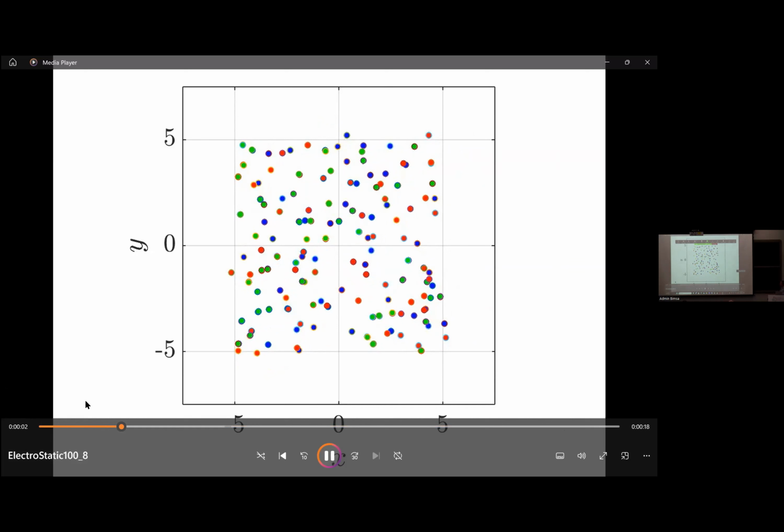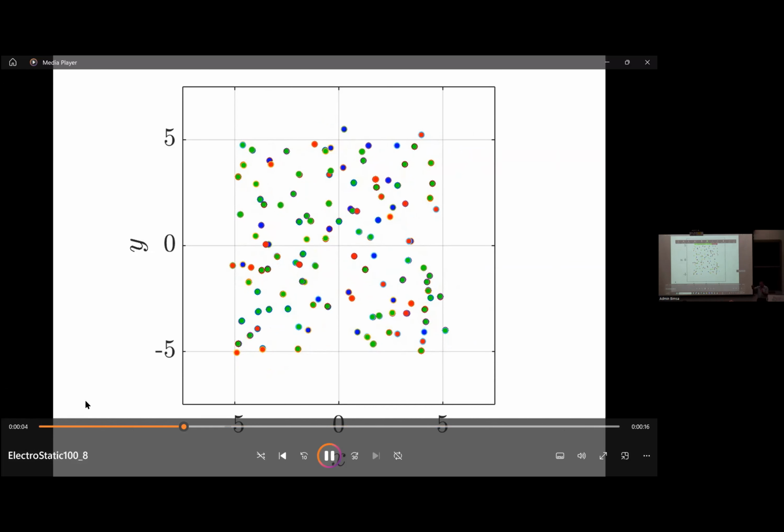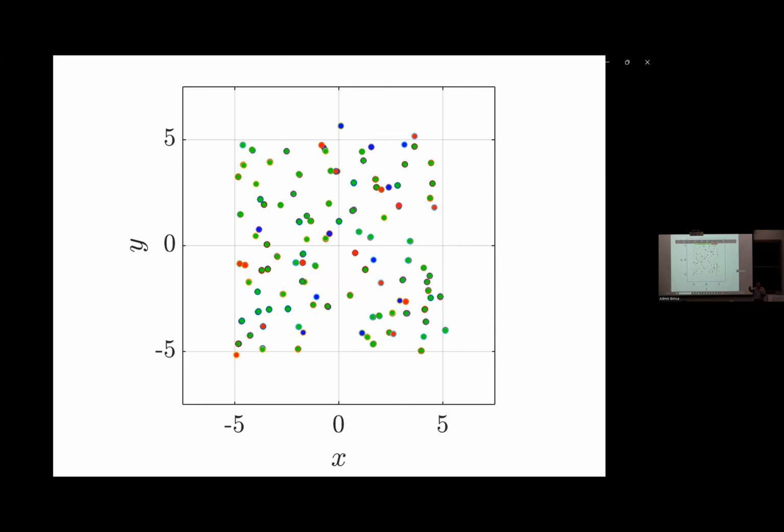Okay, so each point feels attraction from the points of the other color. Each red point is attracted by the blue points with a two-dimensional electrostatic force, inversely proportional to distance, and it is repelled by points of the same color.